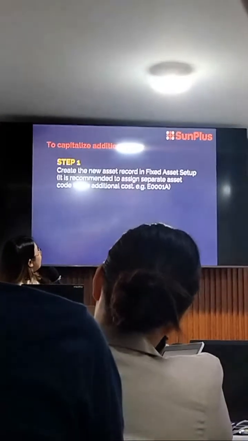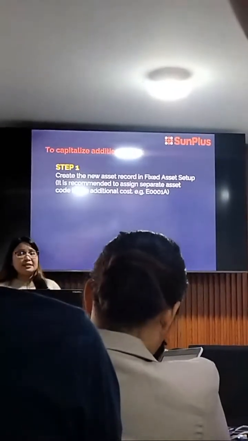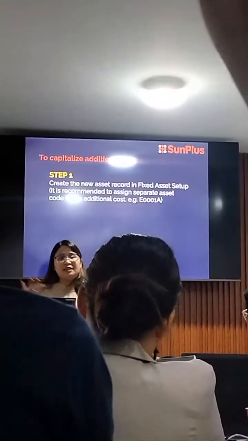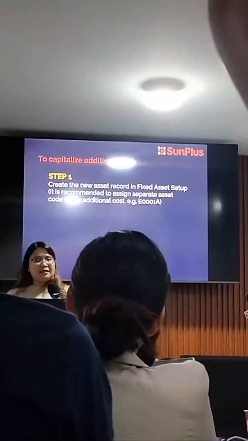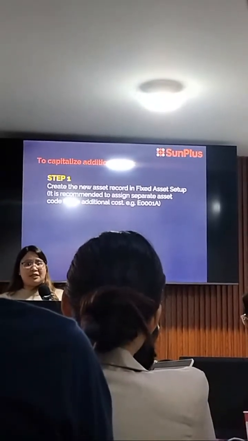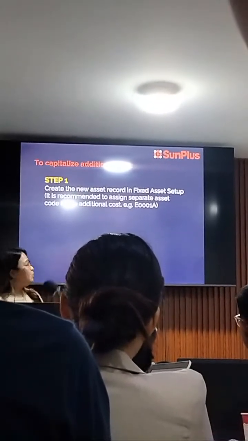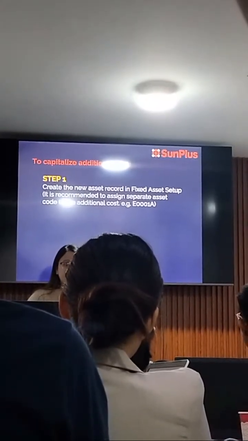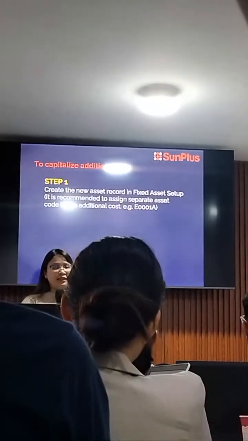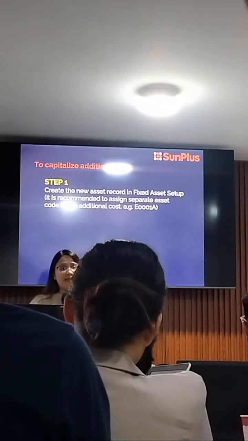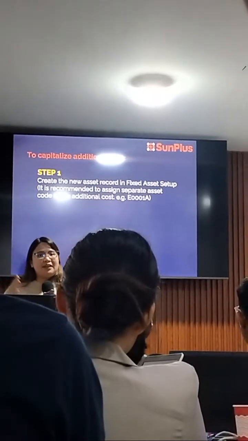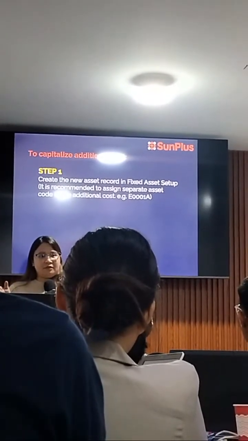To capitalize additional cost, same principle. For example, we already have a building, and then we add an annex. How do we capitalize the annex? We want you to create a new asset record, and not simply add it to the existing asset. Why? Because it will have a different life.